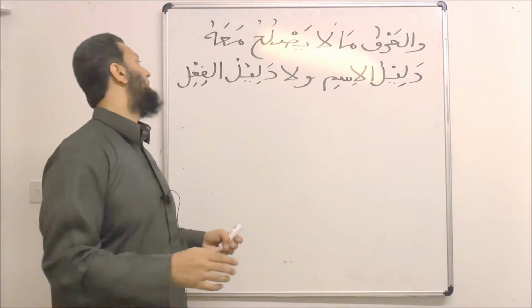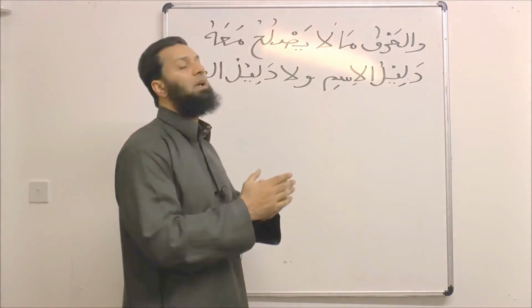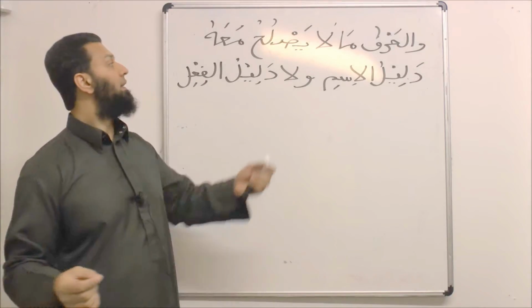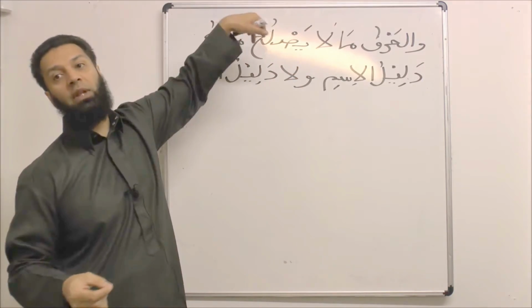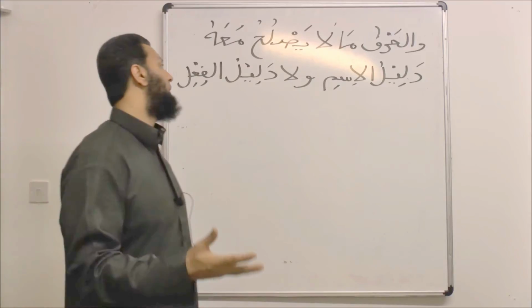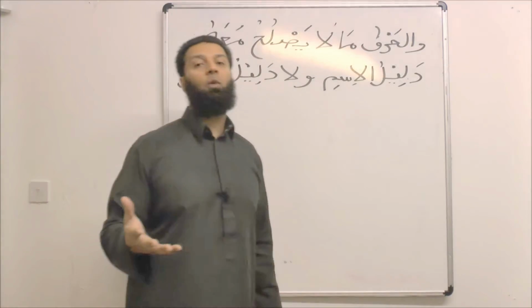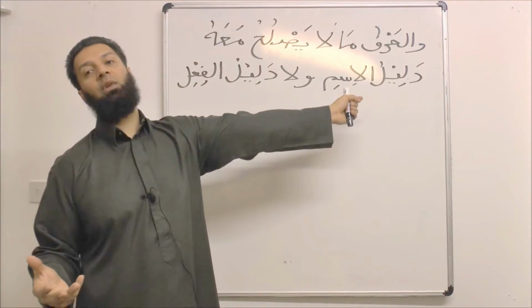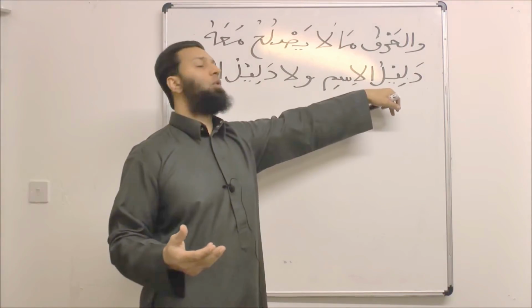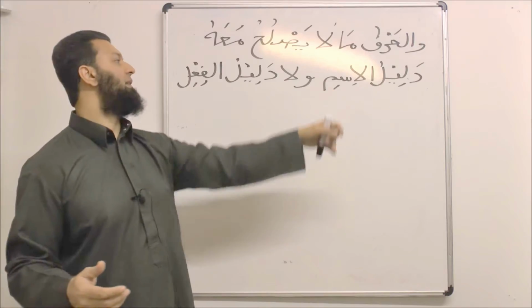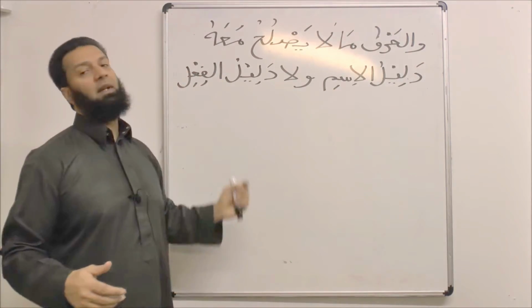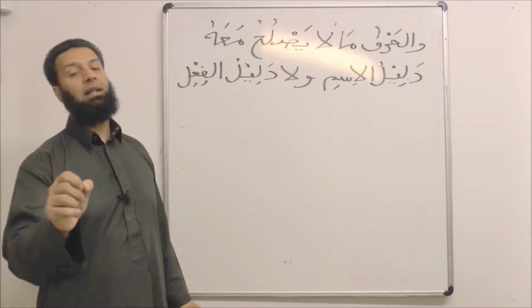What does that mean? That which is not correct, or not appropriate or suitable, with it. Dalilul-ism. Dalil means proof, or here, indicator of al-ism. Wa la dalilul-fi'l, nor the dalil of a fi'l.